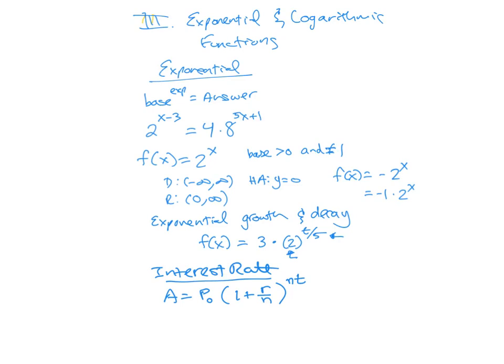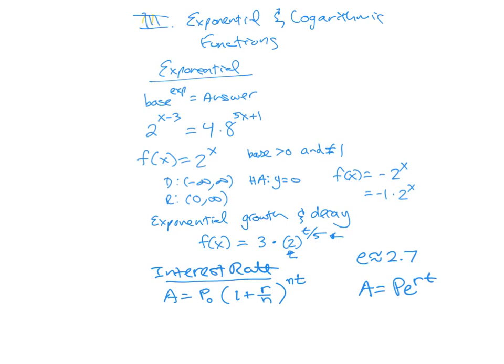Remember, base e is about 2.7, and it's the base of the natural log. In terms of interest problems, we had interest compounded continuously. In other words, as n goes towards infinity in the compound formula, you have A equals P e to the rt.